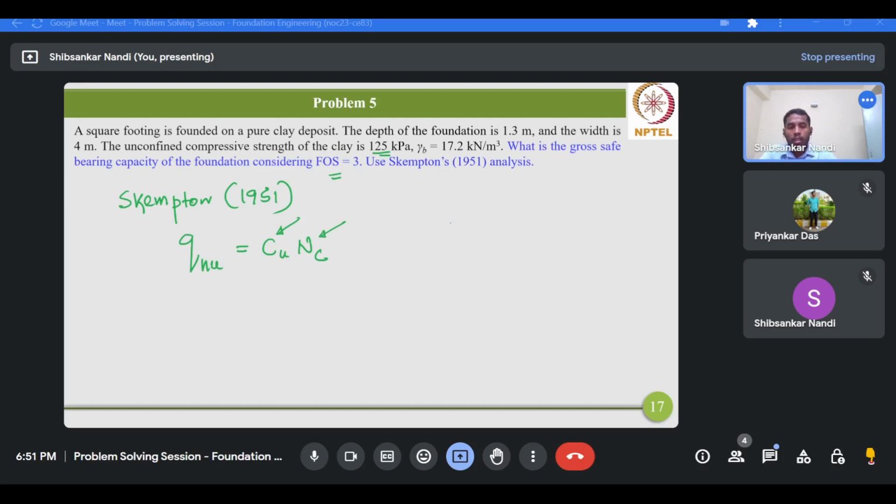The undrained cohesion of the given clay deposit you can calculate from the unconfined compressive strength of the clay, because Cu is half of the unconfined compressive strength. So it would be 125 divided by 2, that means 62.5.